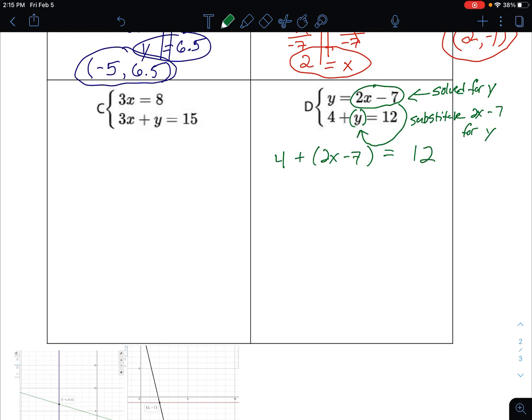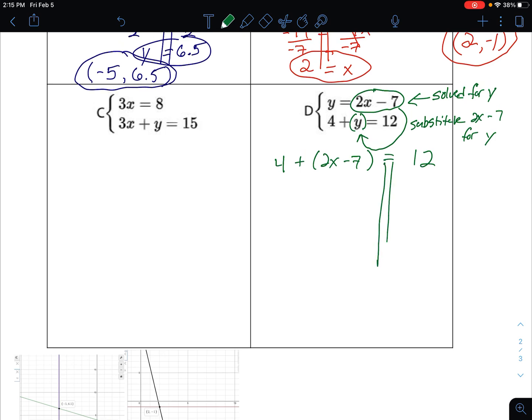equals 12. All right, so now I have to do a little bit more work on this one because I don't just have the x or the y straight off. So in this case, I got to solve for x here first. So I'm going to do a little bit of solving. And let's see, I have a little bit of combining like terms that I can do first here. The parentheses actually isn't really needed at this point because there's not a number in front of it that's being multiplied with the distributive property.